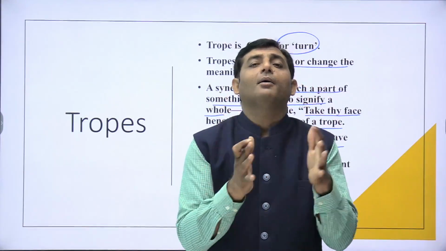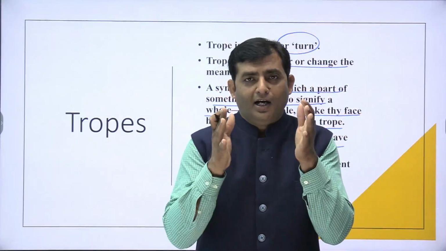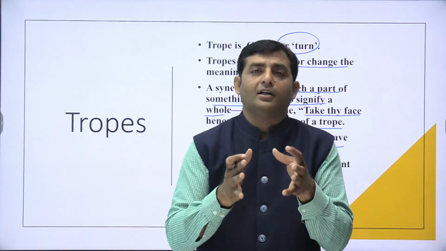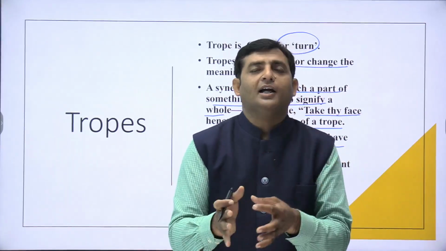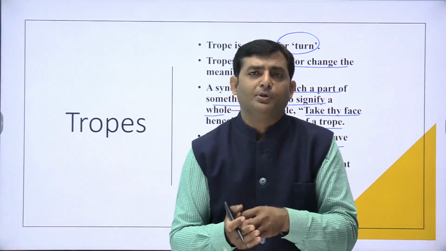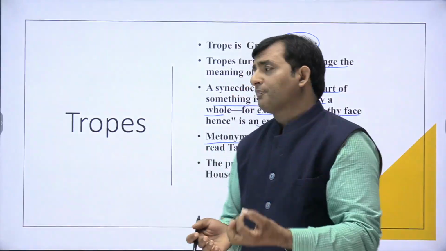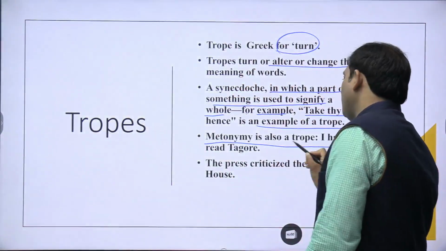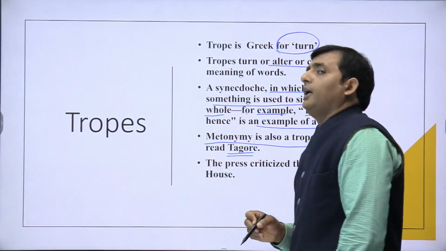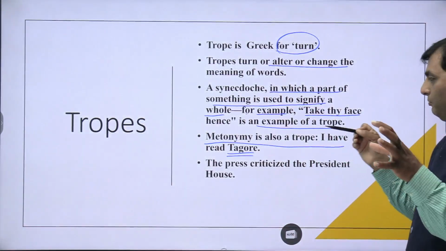And if you say that I have understood Milton, it means you have read and understood his works. That is called metonymy. Metonymy is the figure of speech for substitution. For example, I have read Tagore. So Tagore is the substitution of Tagore's work.